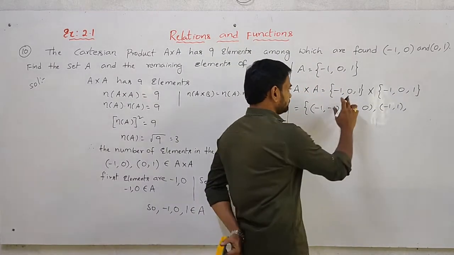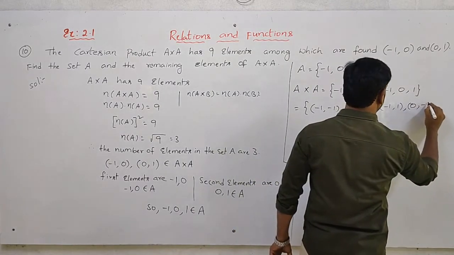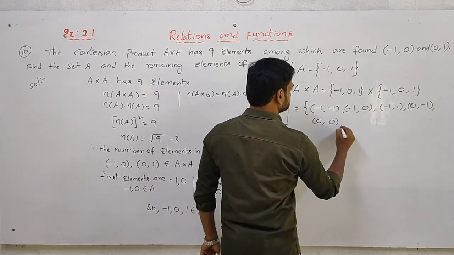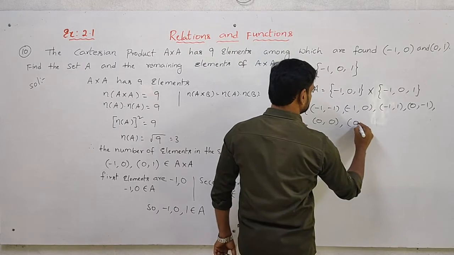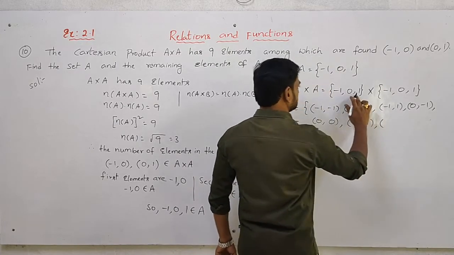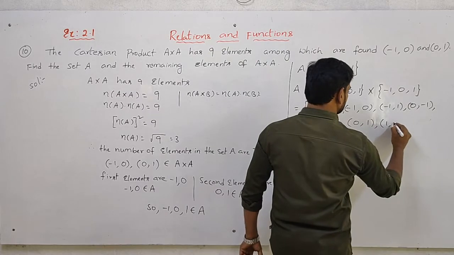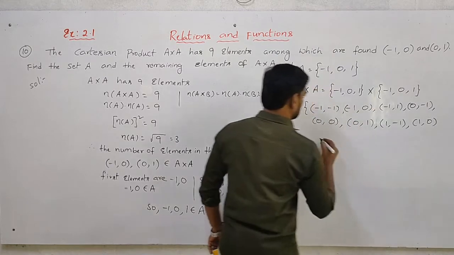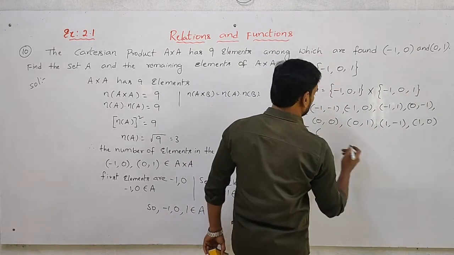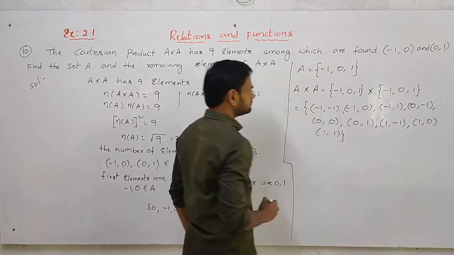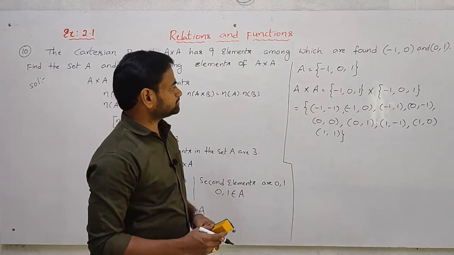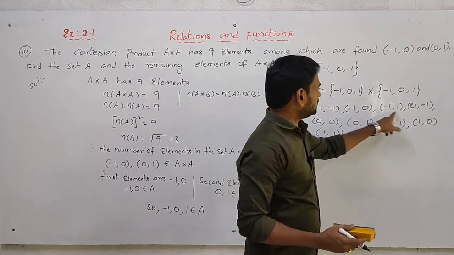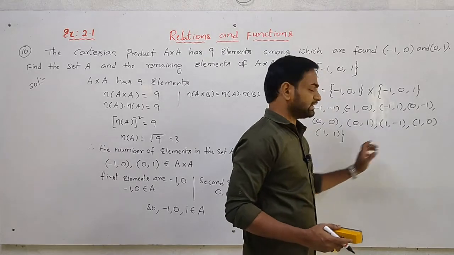Next take with 0: (0, -1), (0, 0), next (0, 1). Next with 1: (1, -1), next (1, 0), and finally (1, 1). Now count once, how many are there? 1, 2, 3, 4, 5, 6, 7, 8, 9 are there.